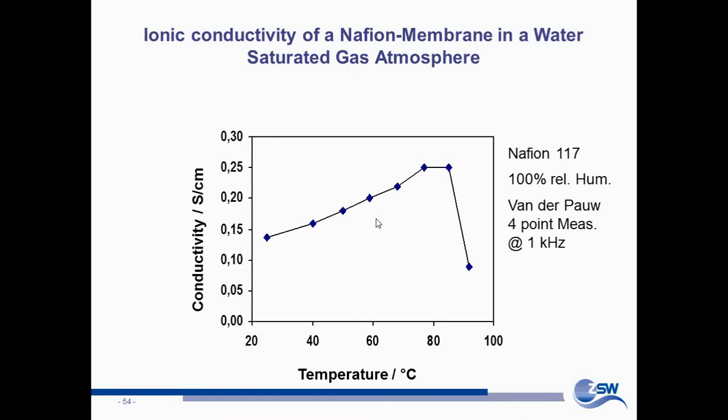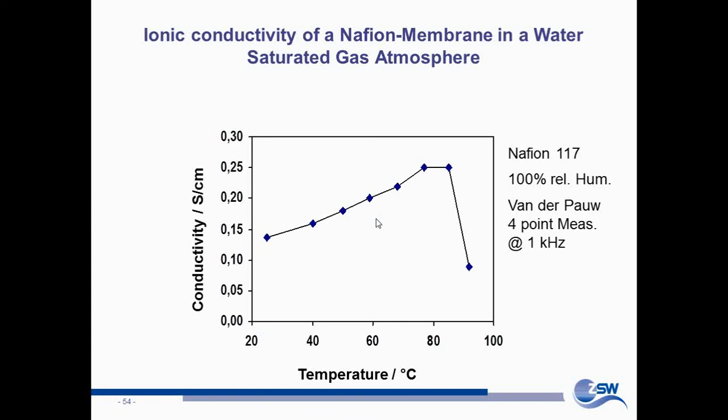So we started here with a fully hydrated Nafion out of an 80 degrees bath of water, 100% relative humidity. Here the Nafion loses water, and then the conductivity drops down at about 90 degrees pretty badly.